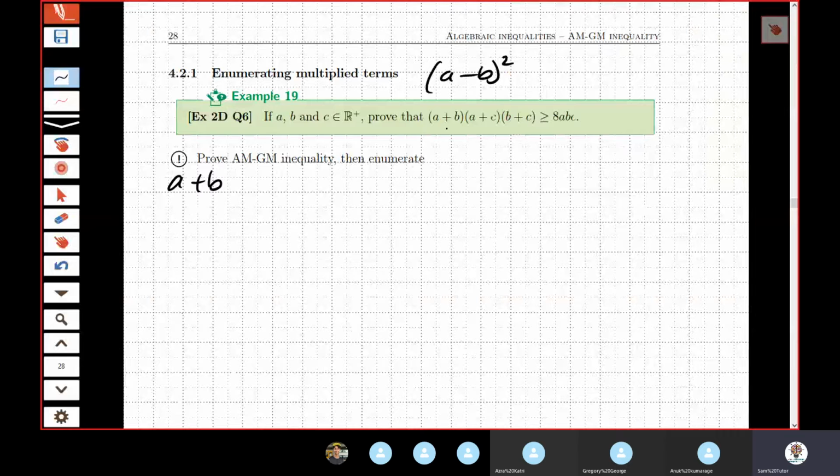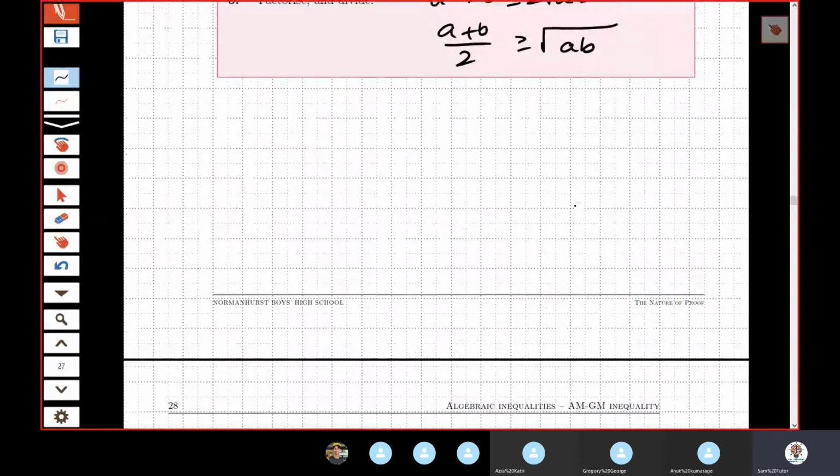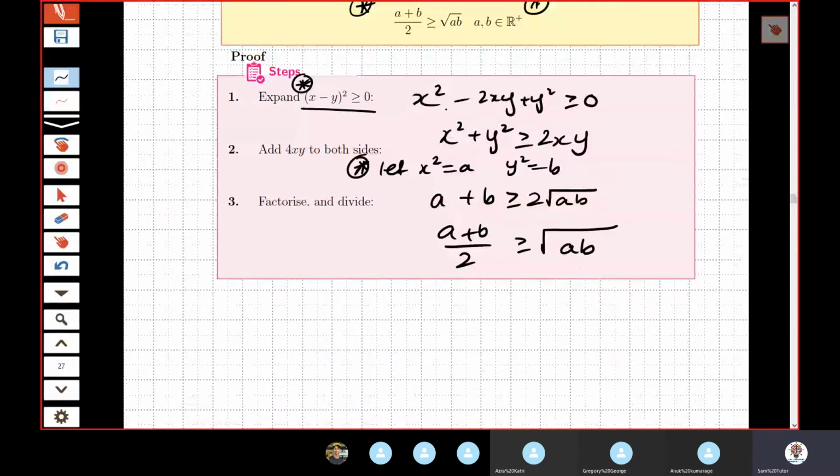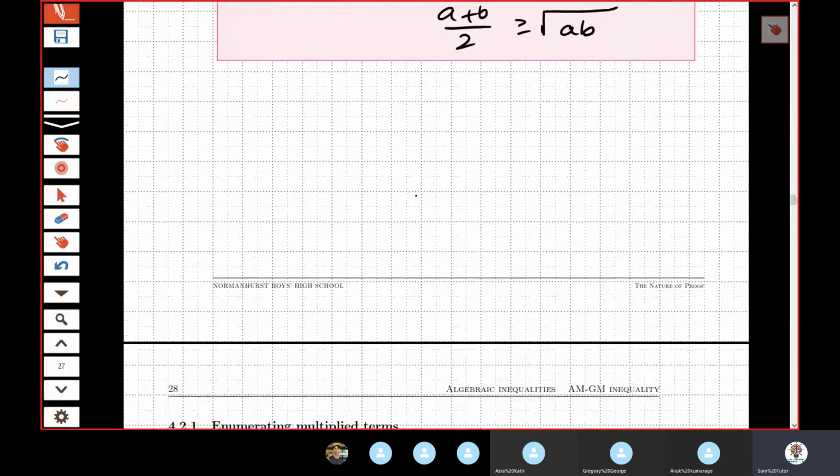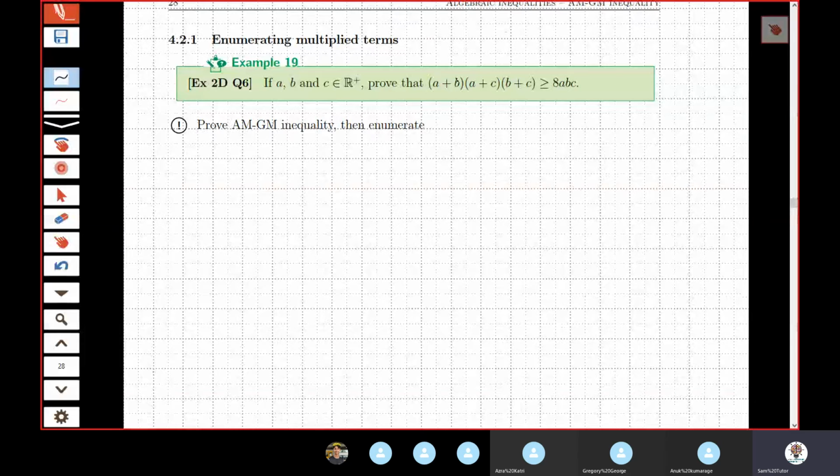Because a plus b, actually I'll show you how to prove it in a different way. In the first proof, what I did is I just did it with x minus y and let it equal to. Another clever way to prove this result would be root a minus root b squared.